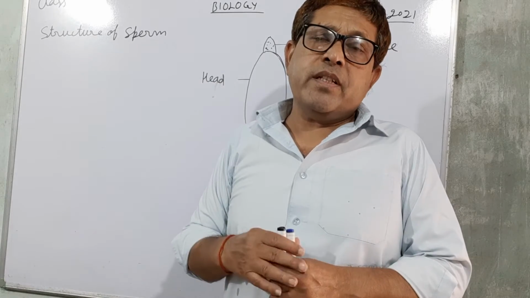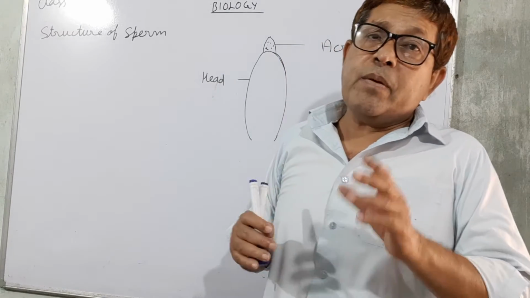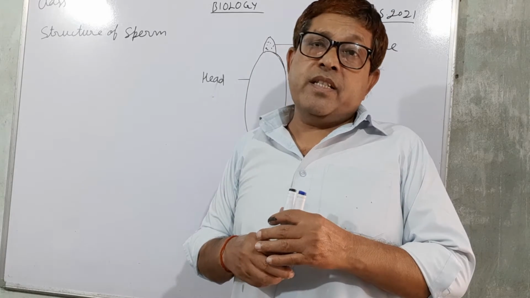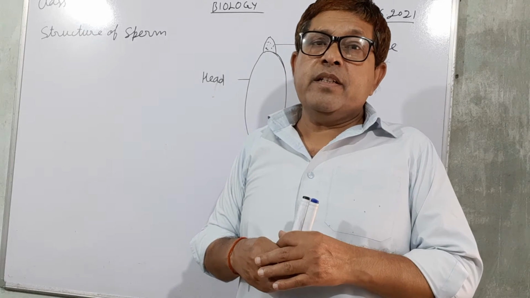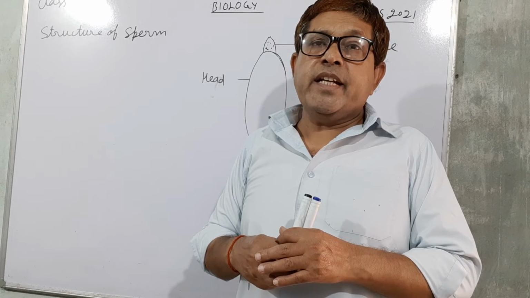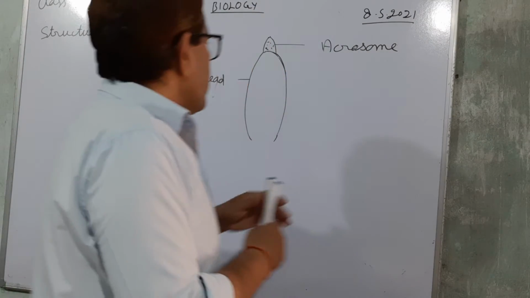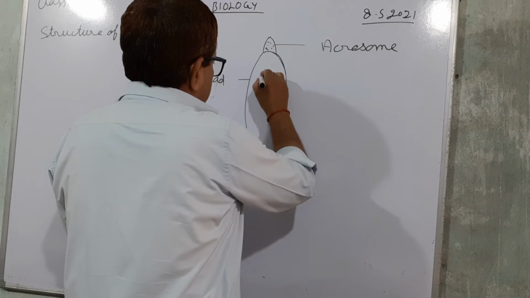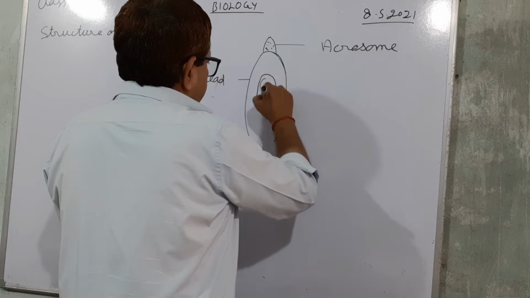Actually, it helps in the penetration of the membranes which cover the ovum, and in this way it helps in the fertilization. After that, this head region consists of a big nucleus. It is the haploid nucleus.